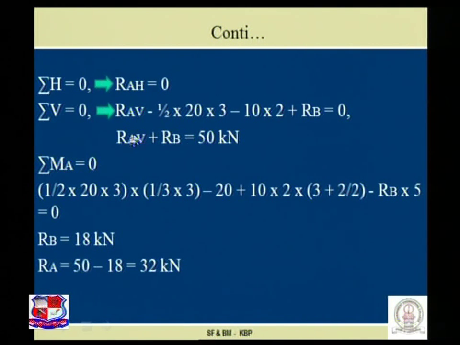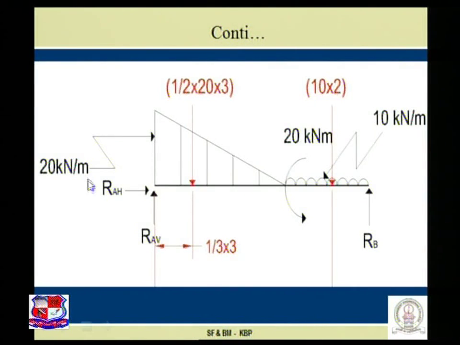This equation gives us the combination of RAV and RB. Our intention is to find the individual values of RAV and RB. To find that, I have to take a moment at a certain location. Let us take that location at A. Sigma MA is equal to 0. Refer to the figure.